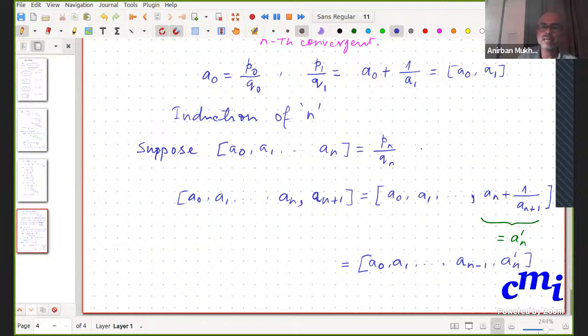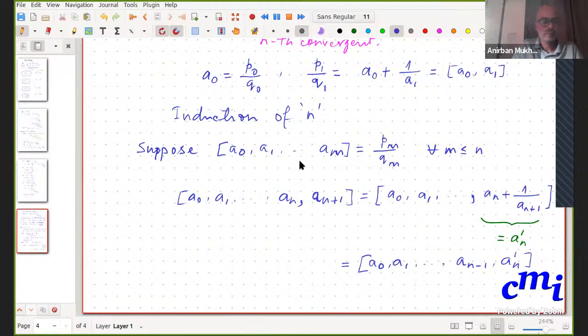But we know this relation for all m less than or equal to n. So as soon as its length is less than or equal to n, we know it. So here also the length is n, so we know it.